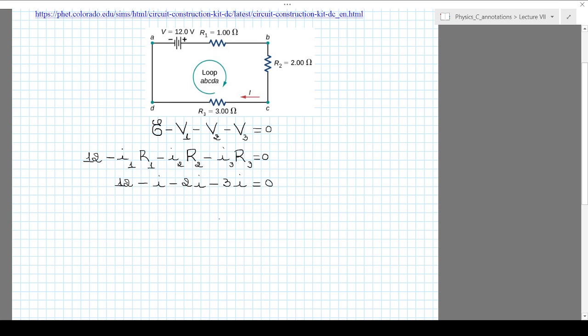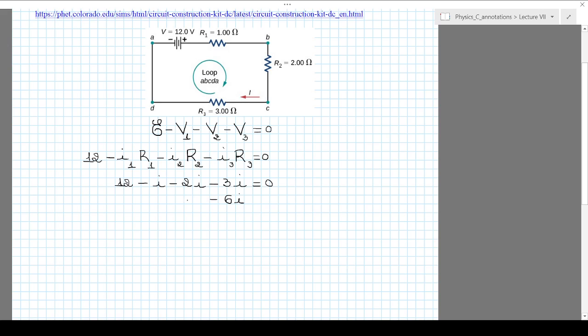Let's organize this a little bit. I can solve this. I have minus 6I, so 12 minus 6I equals 0.